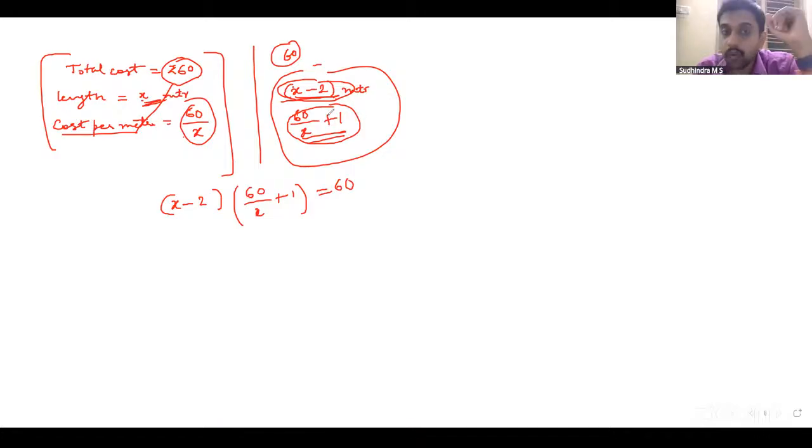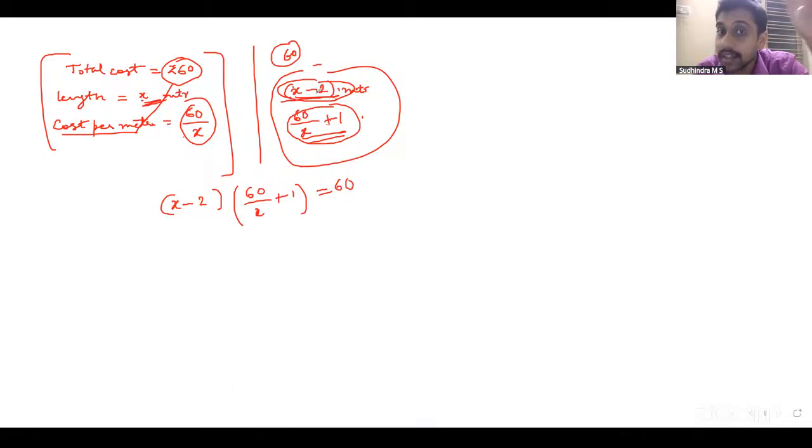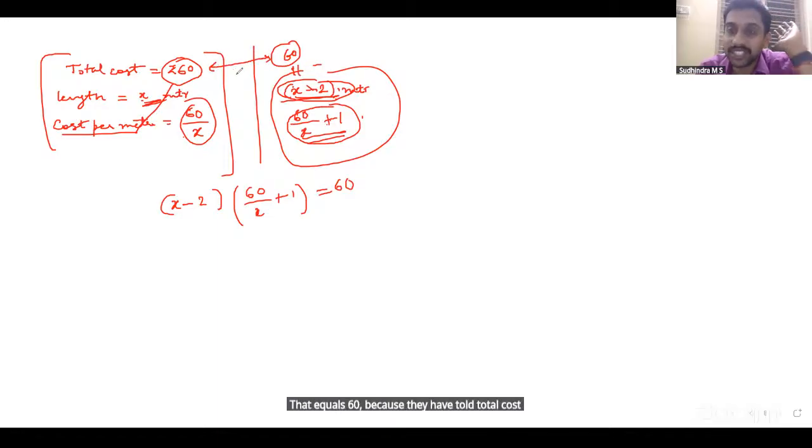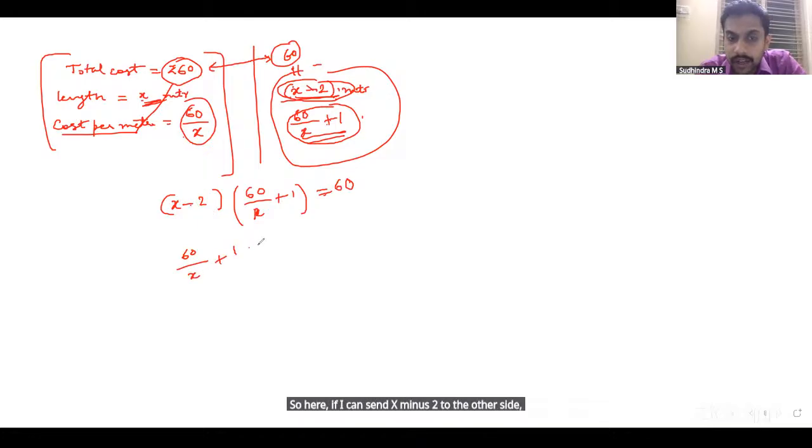Now cost per unit I have, total length I have, total cost will be cost per unit into total length. That equals 60 because they have told the total cost remains unchanged. So x minus 2 into 60 by x plus 1 equals 60. Here, if I send x minus 2 to the other side, 60 by x plus 1 equals 60 divided by x minus 2.